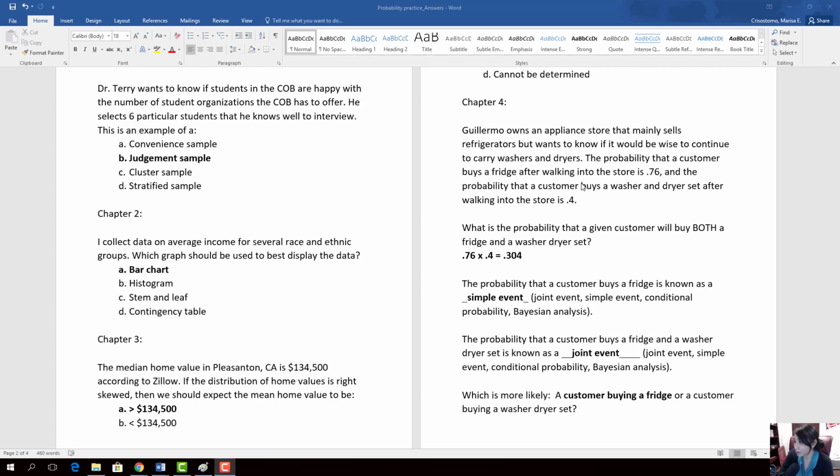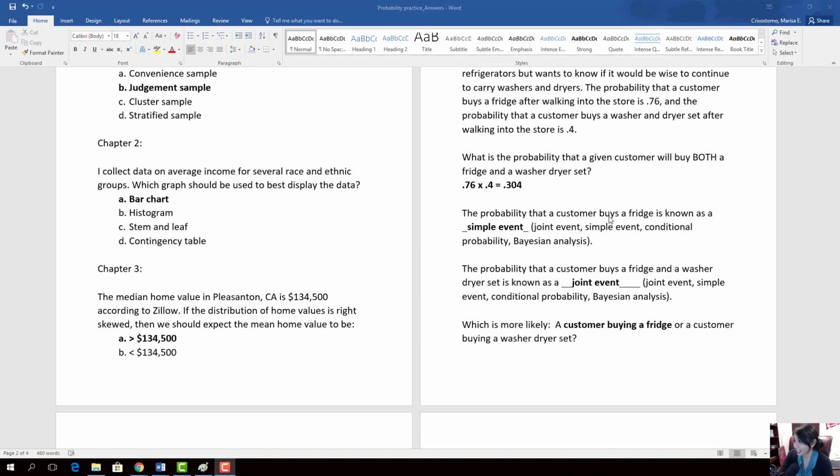These are 2 independent events. So to get the probability of both occurring, we just have to multiply them together. So 0.76 is the probability that a customer buys a fridge, and 0.4 is the probability that a customer will buy a washer dryer. Multiplying those together, we get 0.304, or 30.4%.